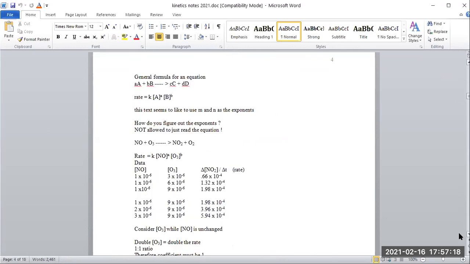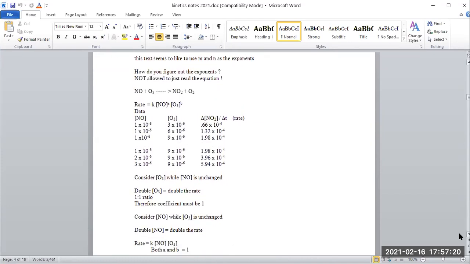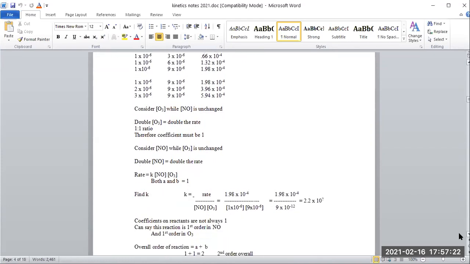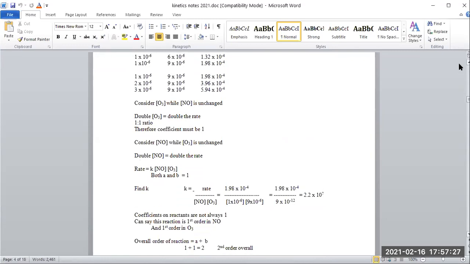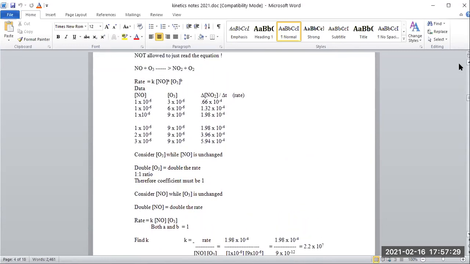All right. I think the last thing that we were talking about last week was looking at the data and then using the data to help you figure out what your exponent is on your reactants.